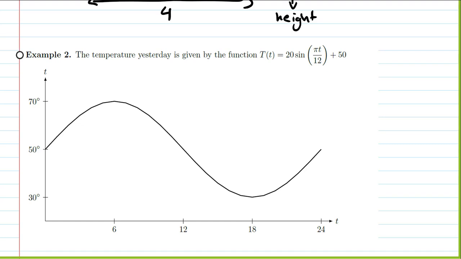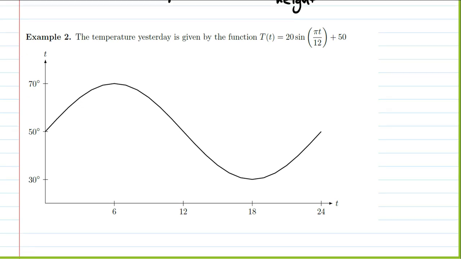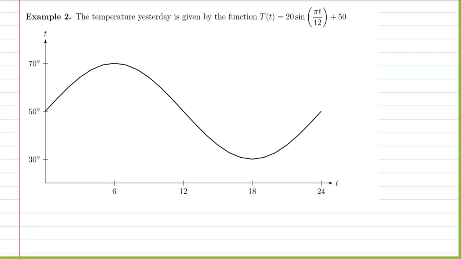So on this graph, it looks like our temperature is fluctuating between 30 degrees and 70 degrees. And we want to find the average of this entire thing.